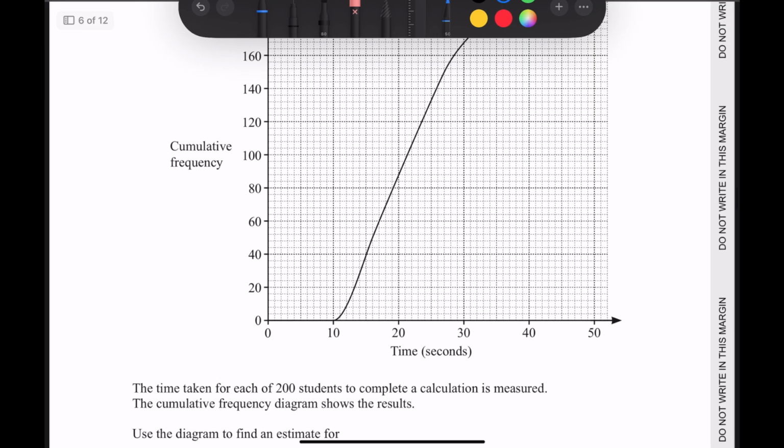So this question is basically saying that at any point on this curve, for example, at this point, the number of students that take equal to or less than this much time to answer the question is equal to 60, which means that as the time increases, the number of students that take this much time or less to do that question increases, because more students will take time between time 1 and time 2.